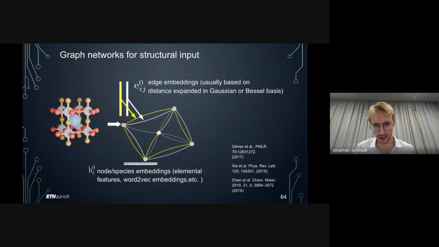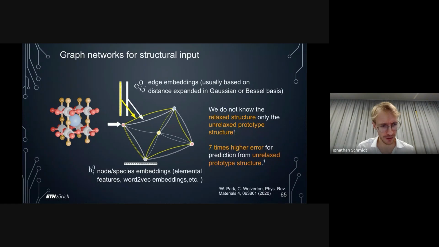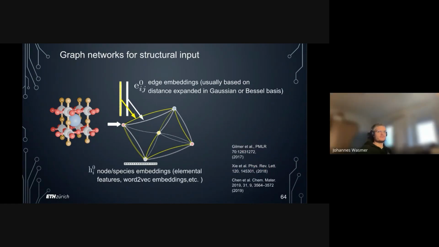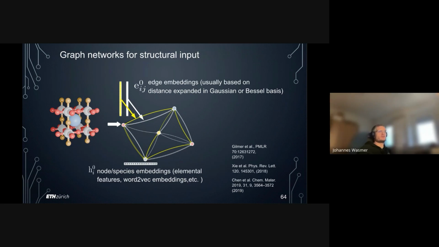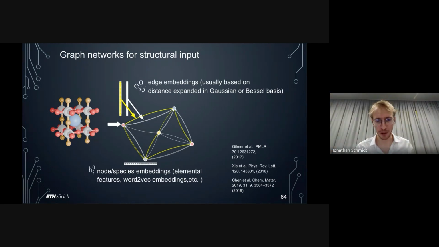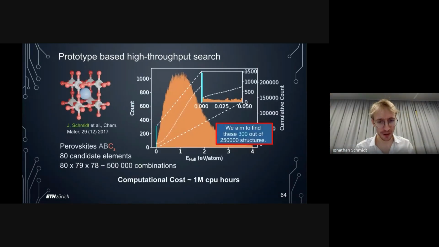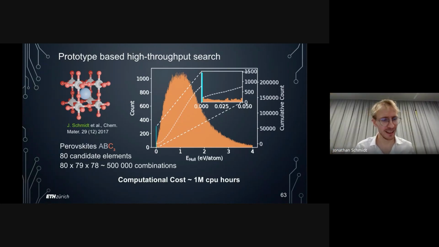Let's see. I'm not sure, are the slides changing for you? Yes. Okay, so which slide? Because for me, the slides are not changing anymore. 64. And is this still the prototype-based high throughput search? No. Graph networks for structural input. Okay, so let me go. Am I back at prototype-based? Yes. Okay. Sorry.